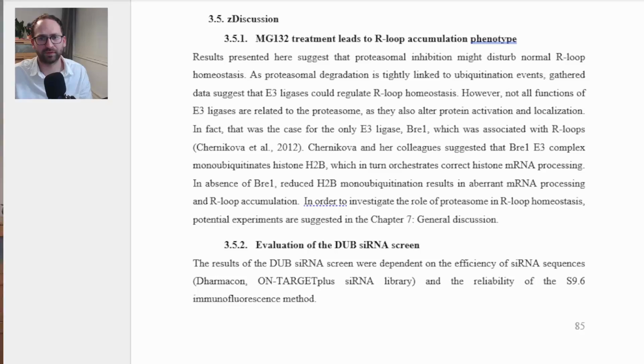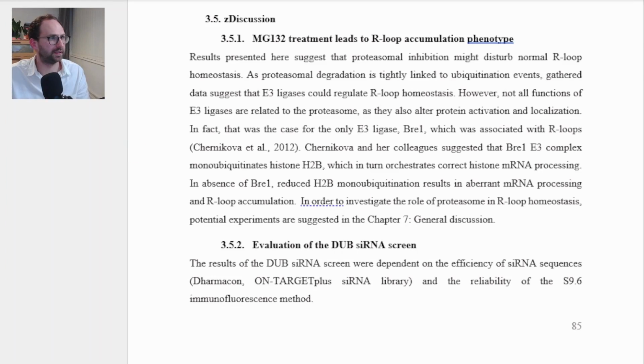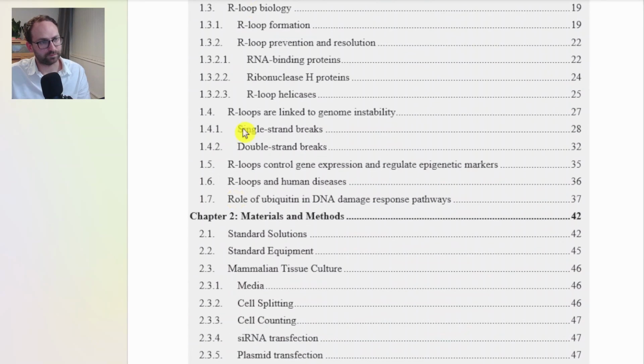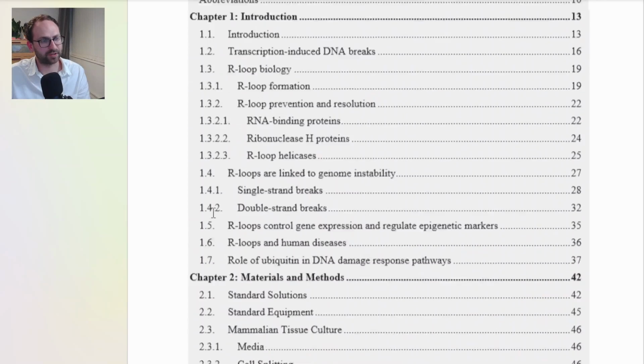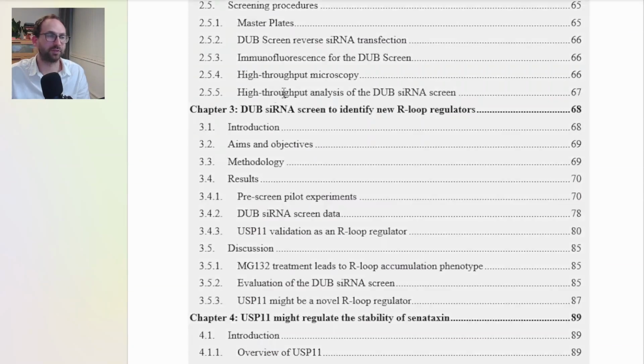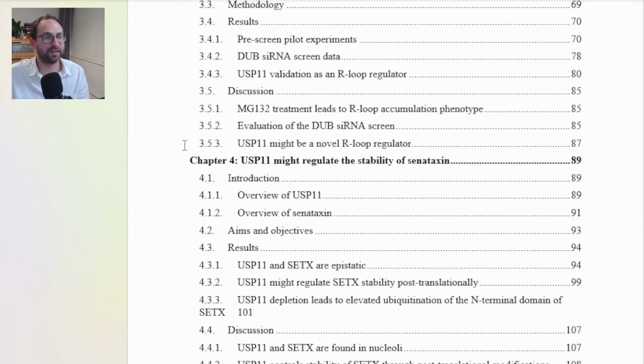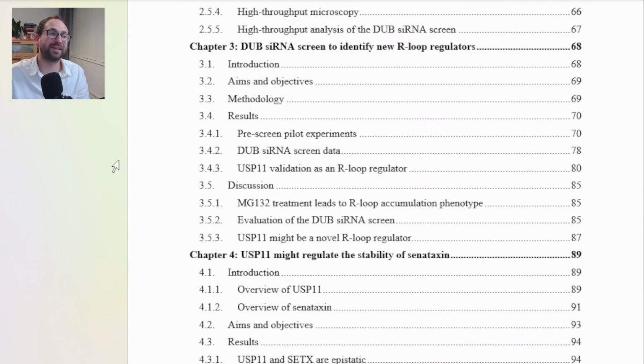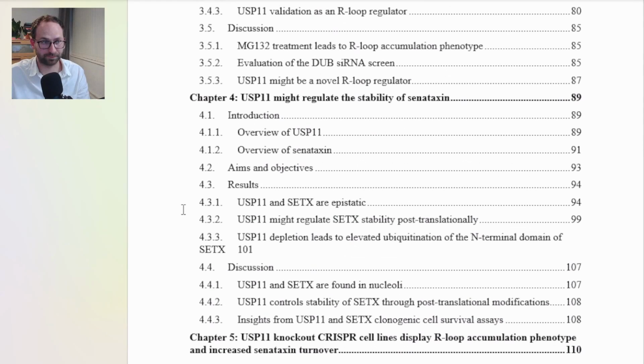So let's go back to the table of contents. So we have introduction, materials and methods again. There you go. This was one results chapter. Then this results chapter led me to the next results chapter, right? Which again had an introduction, which was relevant to that chapter.